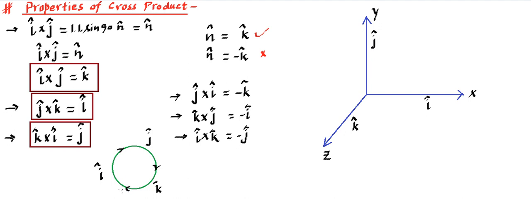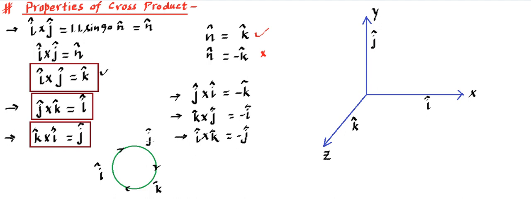If we do the cross of I with j, moving in this order, the next quantity is our answer. So I cross j will be equal to k, that you can see over here.